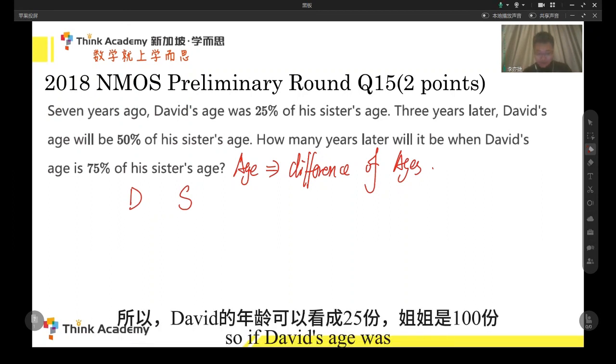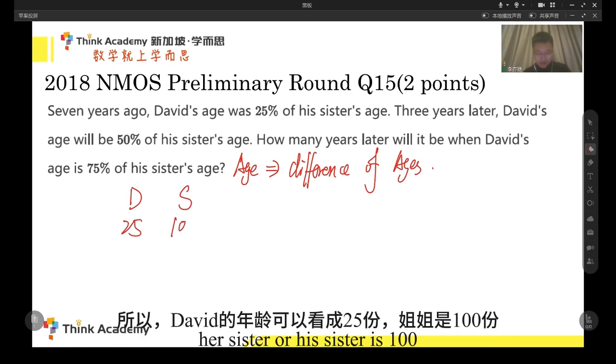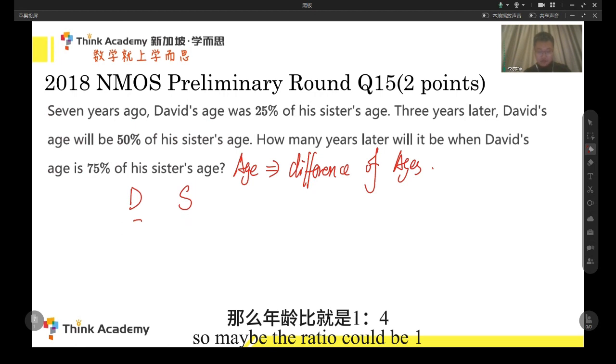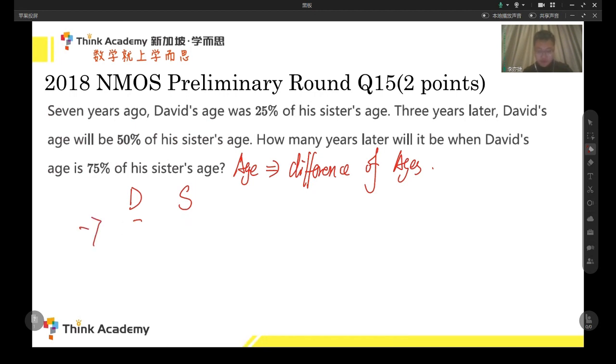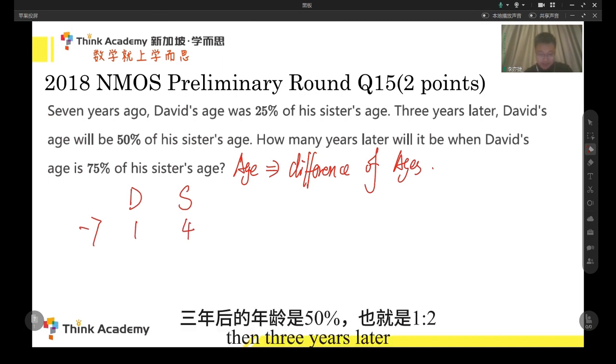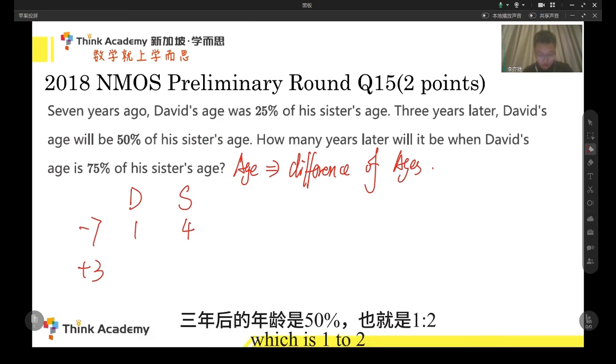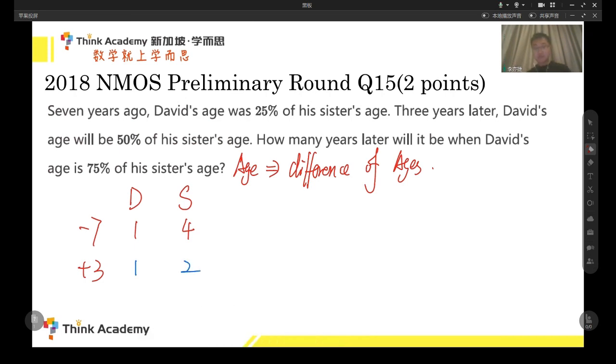If David's age was 25% of his sister's age, David was 25 and his sister was 100. So the ratio could be 1 to 4, right? Then 3 years later, David's age will be 50% of his sister's age, which is 1 to 2.